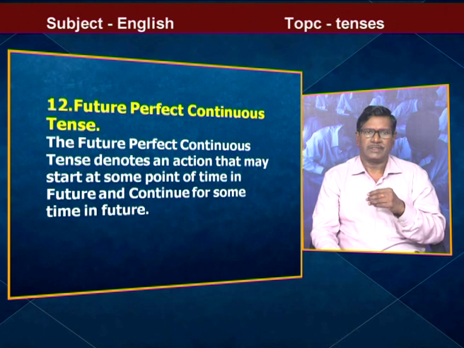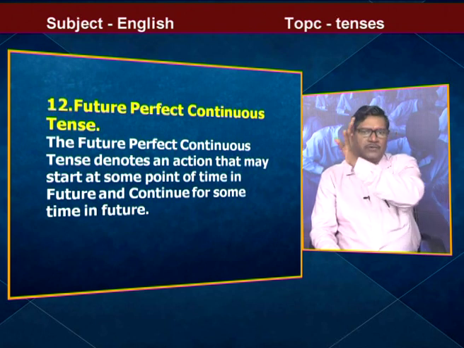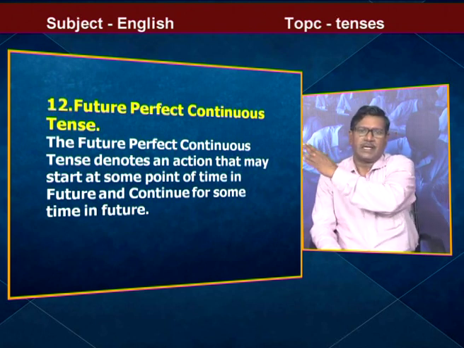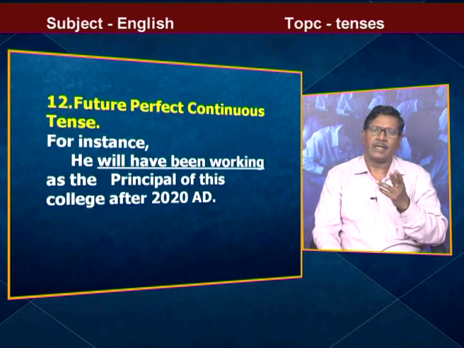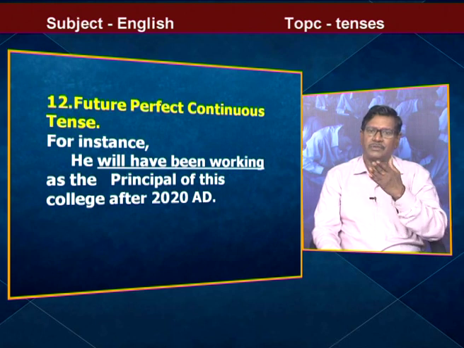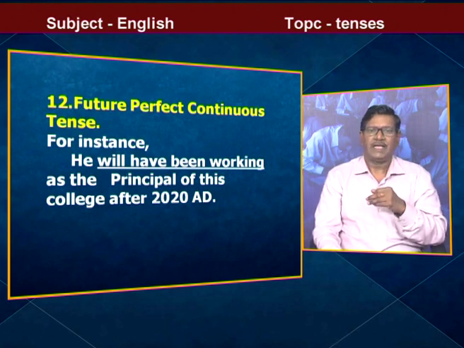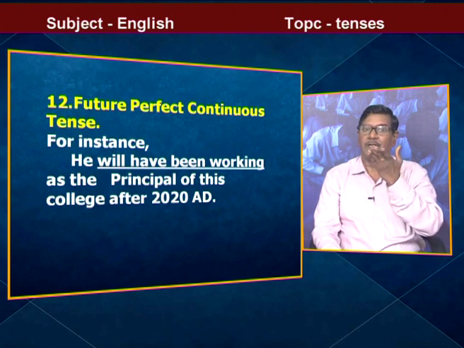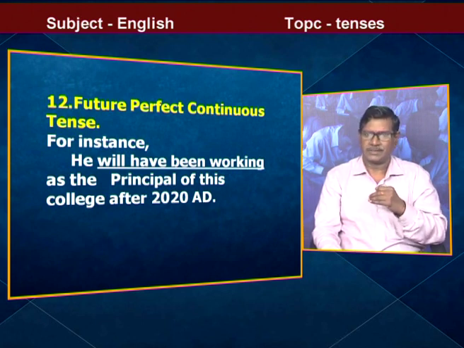Future perfect continuous. Future perfect continuous tense denotes an action that may start at some point of time in future and continue for some time in future. He will have been working as the principal of this college after 2020. Now he is working as a lecturer from 2010 onwards, and after 2020 he will have been working as the principal of this college.